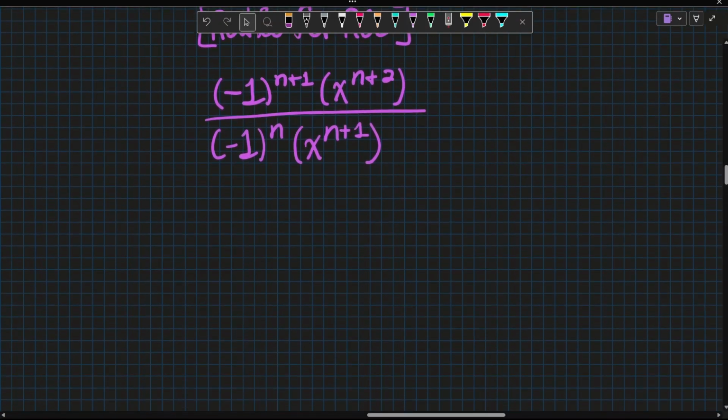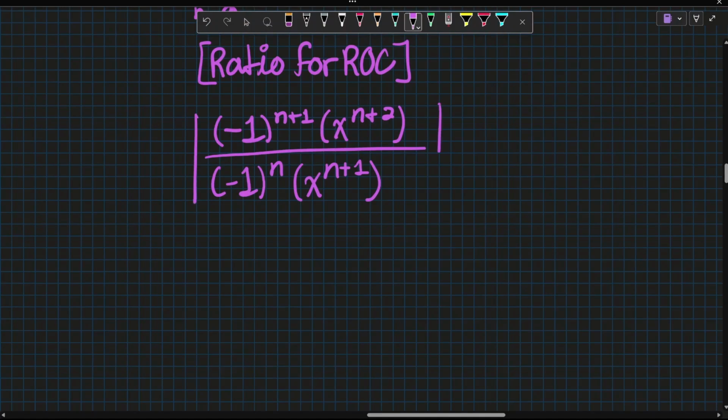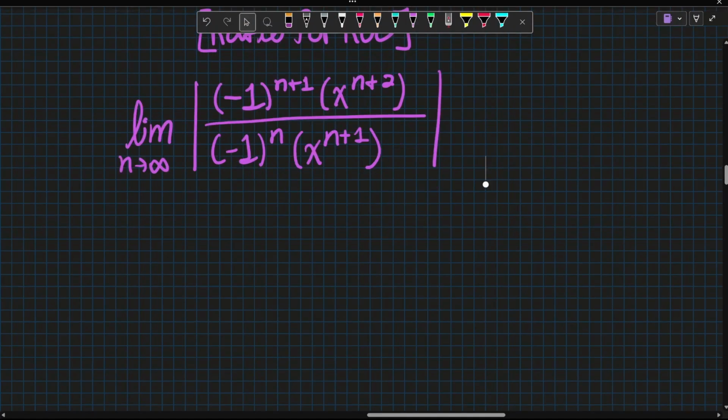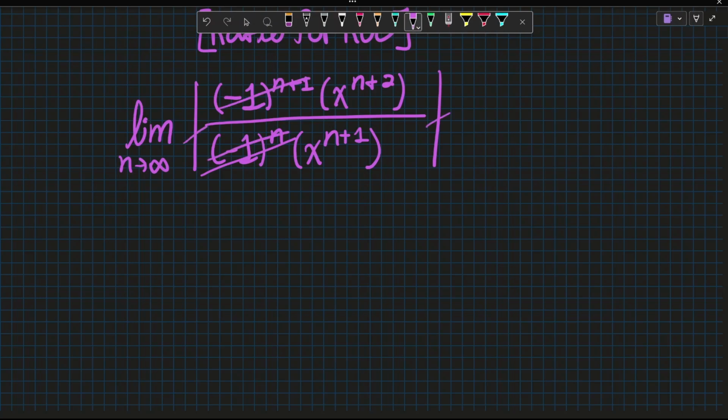Okay. Now what do we get here? Of course, the absolute value. Now what do we do here? We can say that this cancels out with this. The negative terms would cancel out because of the absolute value.